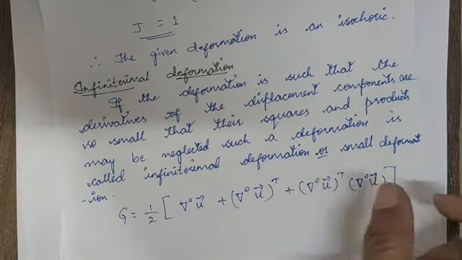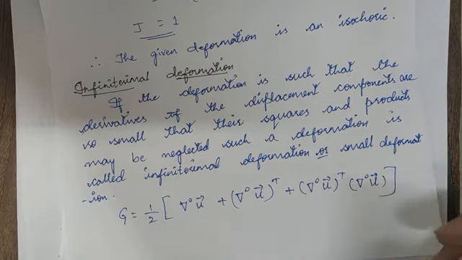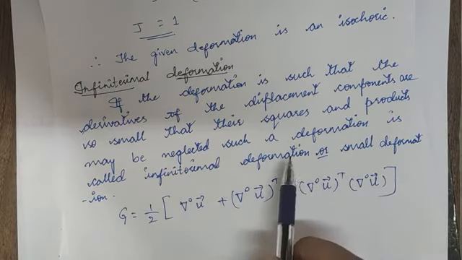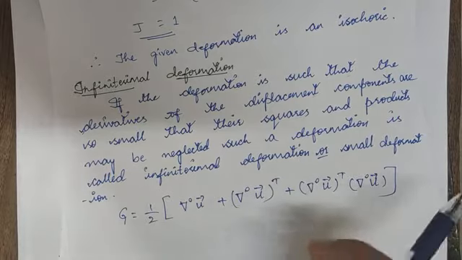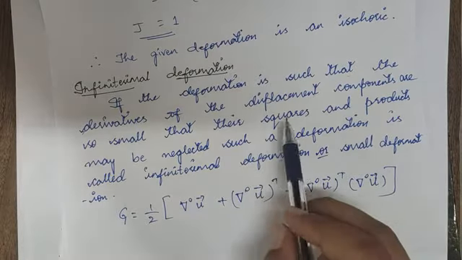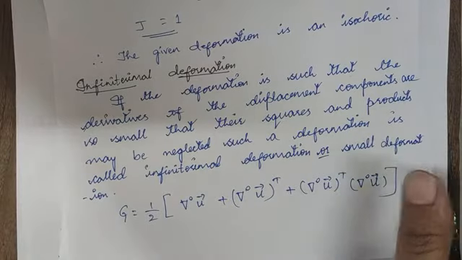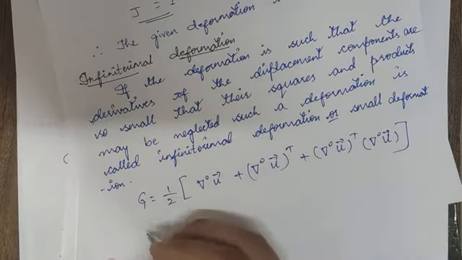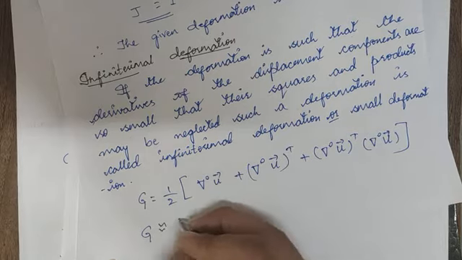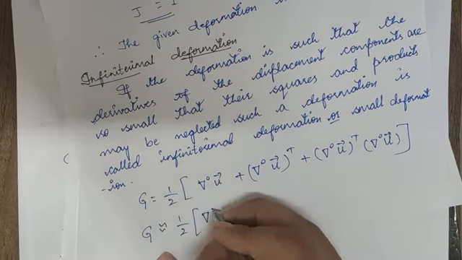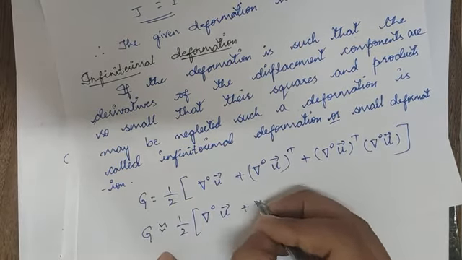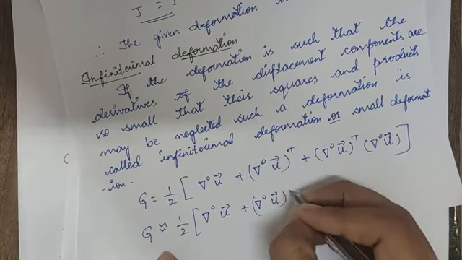That means the product of these two can be neglected. Why? Because infinitesimal deformation, from the definition itself, says you can neglect the squares and products of the components. Correct? So what you will get? G is almost equal to half into del naught u plus del naught u whole transpose.